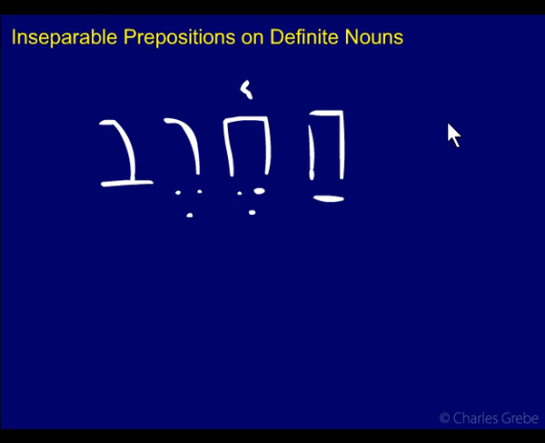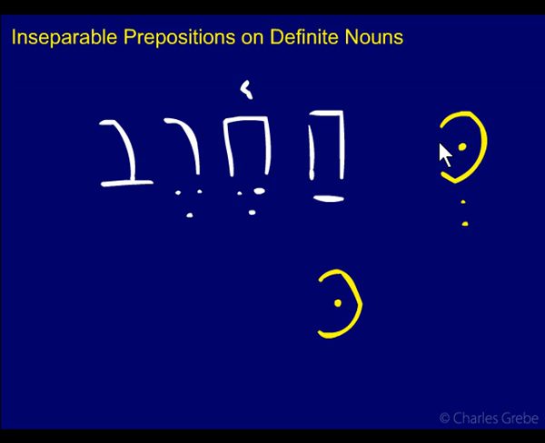We add, let's add ke this time. Now remember, ke and be have a dagesh lene in them. Le doesn't. Ke and be do because they are begadkefat letters. So this here is a dagesh lene. But again, the same procedure. You just replace the hey with the ke. So let's do that. Make a proper kaf, so k with the dagesh.